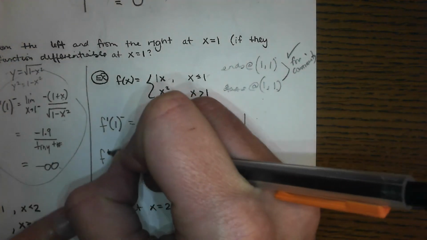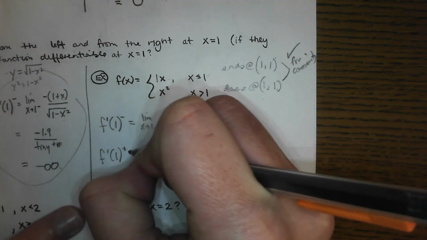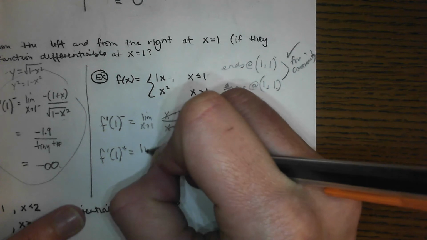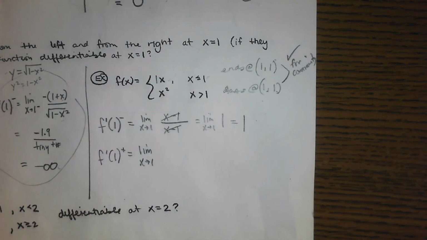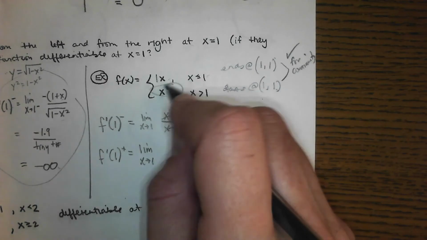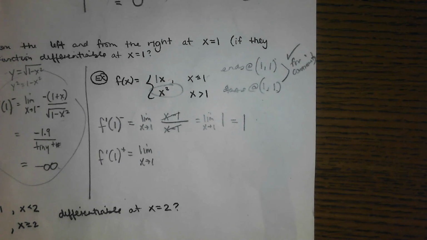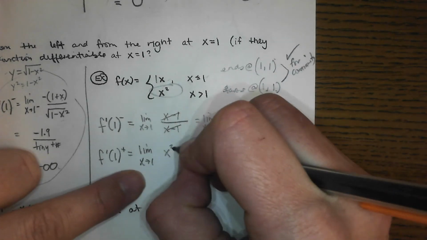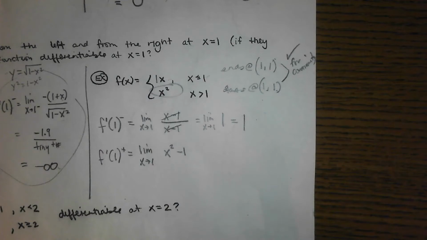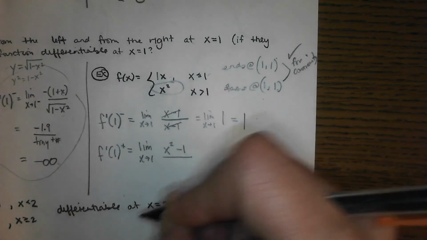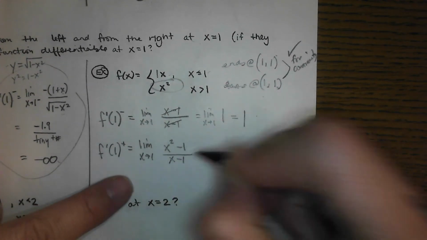Now we're going to find the slope at 1 coming from the right. So again, alternate form, limit as x approaches 1. But since we're coming from the right, we're going to use the second f of x. So f of x is x squared, minus f of 1 is still minus 1, all over x minus c, which is x minus 1.